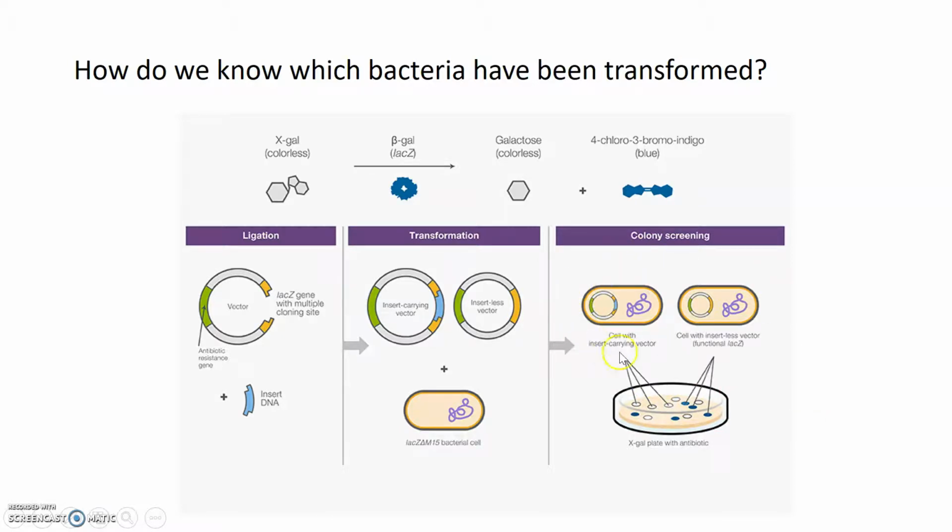The cells that have the correct plasmid in them will appear white, and the cells that don't will appear blue. So not only can you use antibiotics as a method of selection, you can go a step further and also look at color change.